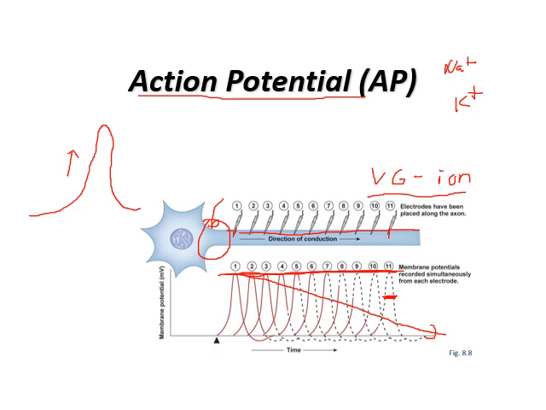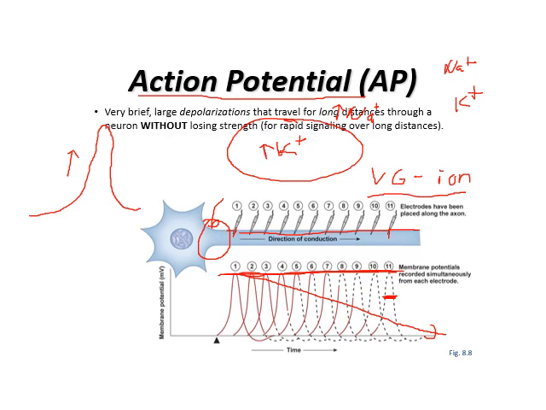If we have our little cell, sodium is high outside, and potassium is high inside. Which one's going to cause a depolarization, and which one is going to cause a repolarization or hyperpolarization? We have a voltage gated sodium channel, and we have a voltage gated potassium channel.